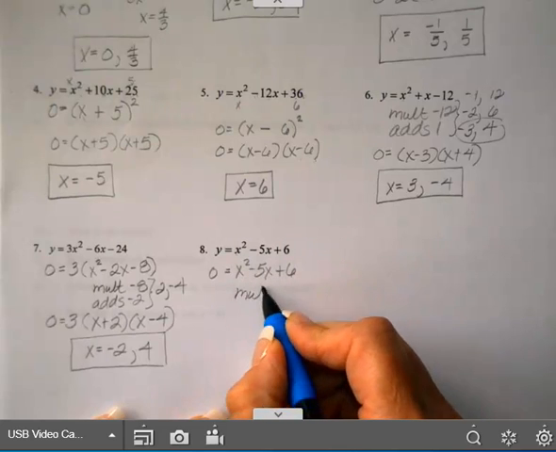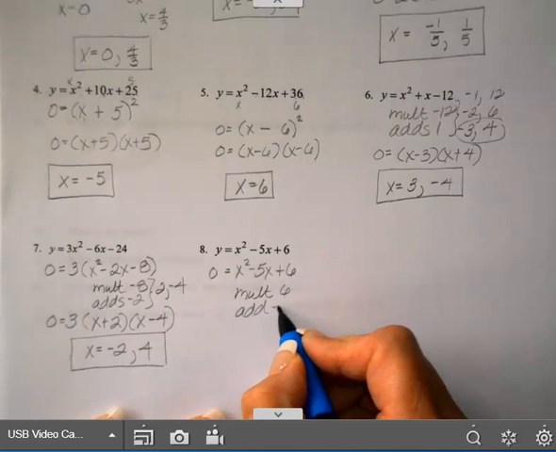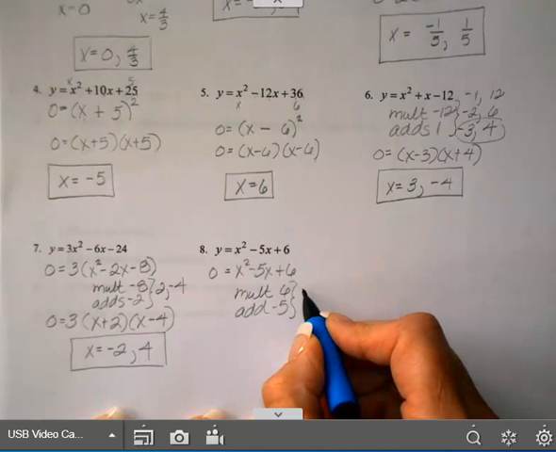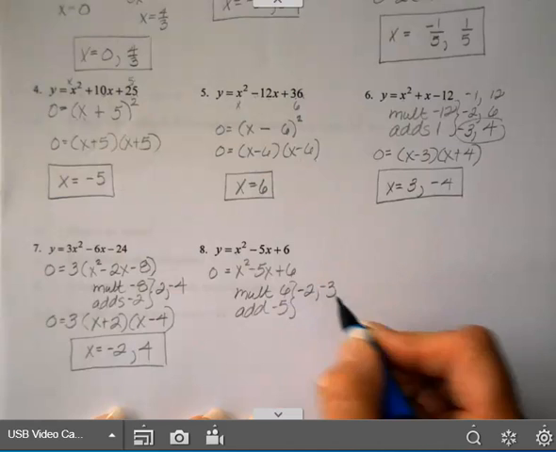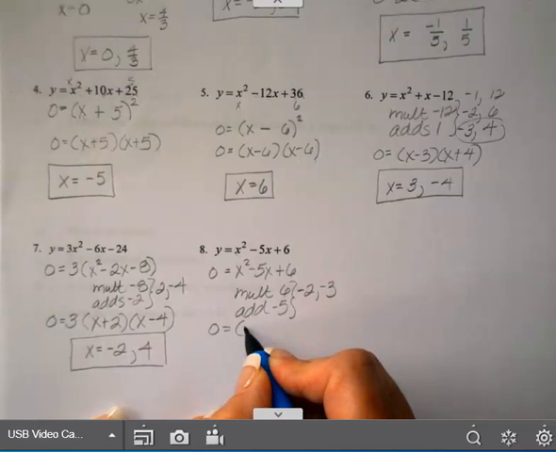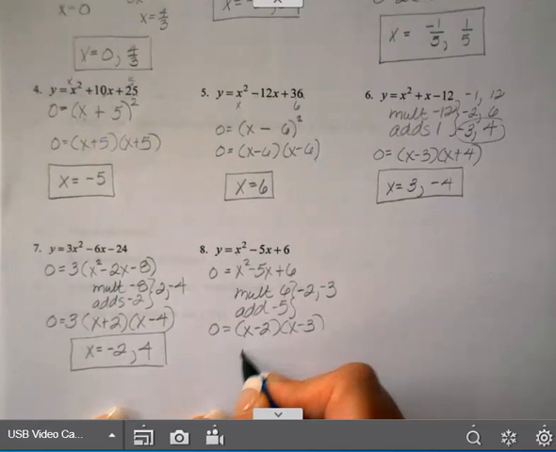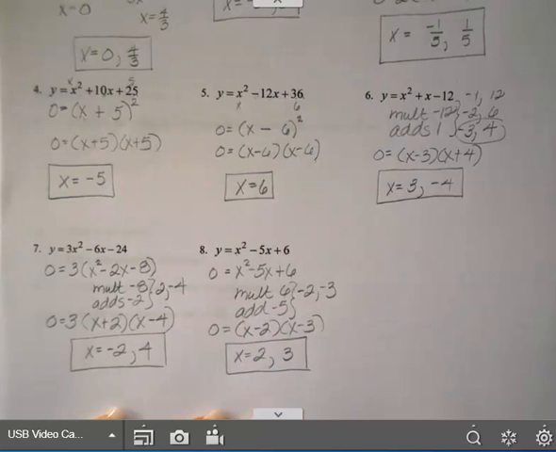It's going to need to multiply to 6 and add to negative 5. And the numbers that do that are negative 2 and negative 3. So this will factor to x minus 2, x minus 3. Set each factor equal to 0, so x is 2 and x is 3. And that completes our notes for today.